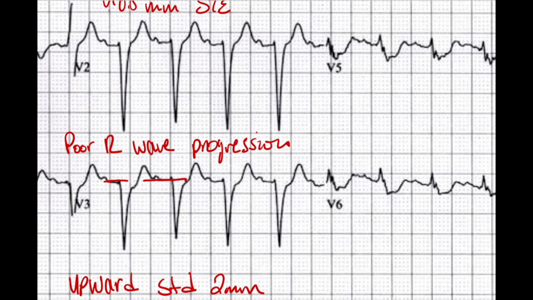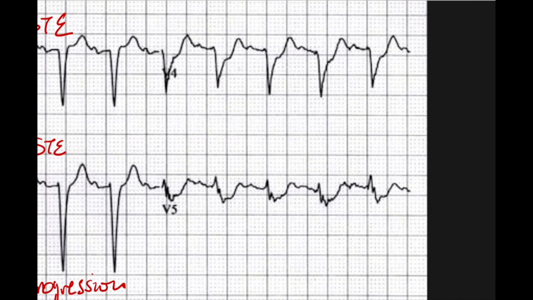Remember, we said upward was the better of the three. Horizontal and downward sloping are really when we wanted to look at how much depression was going on. But this looks like upward ST depression at 2 millimeters, along with that poor R wave progression.